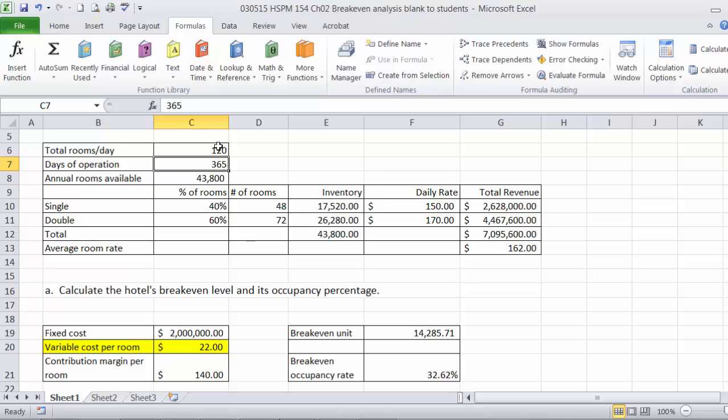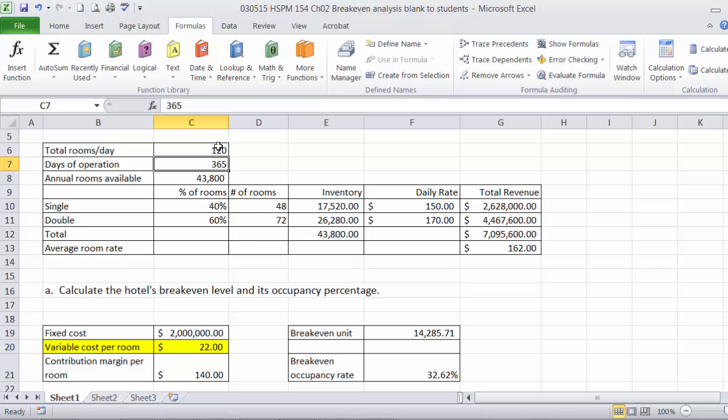Okay. What if we change the room configuration? Let's say we want to lower the single room, that means one queen size.